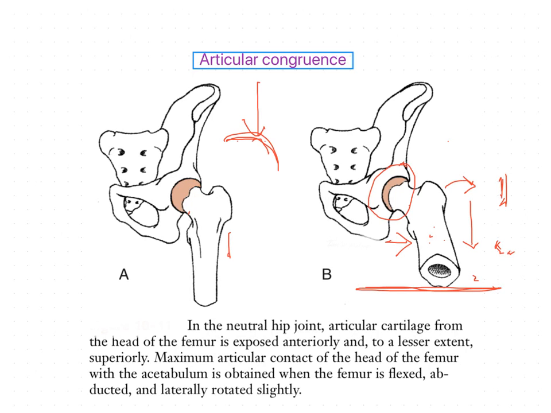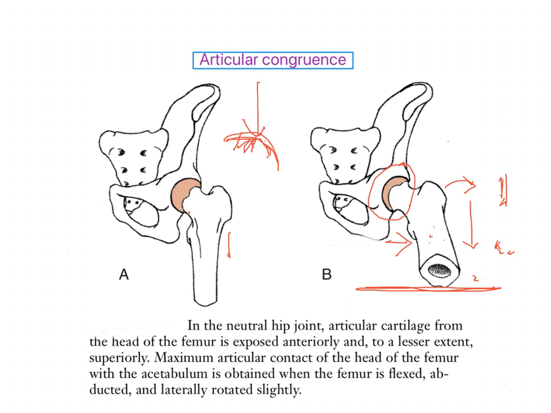This will spread like this, and it increases the congruence of the contact with the femoral head, with primary contact at the anterior, superior and posterior articular surfaces of the acetabulum.